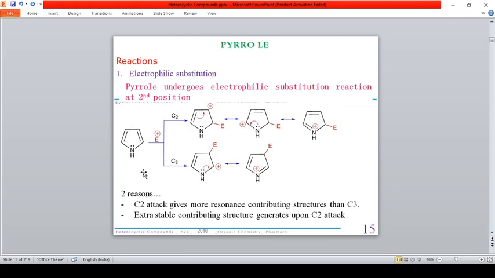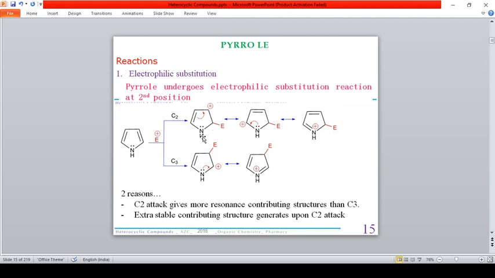So what is happening here is, we have an electrophile. That electrophile can come and break this pi bond and get substituted either on carbon 2 or carbon 3. Let's suppose it gets attached to the carbon 2 position. This carbon will have an electrophile, and since this is an electron deficient species, this carbon will have a positive charge.